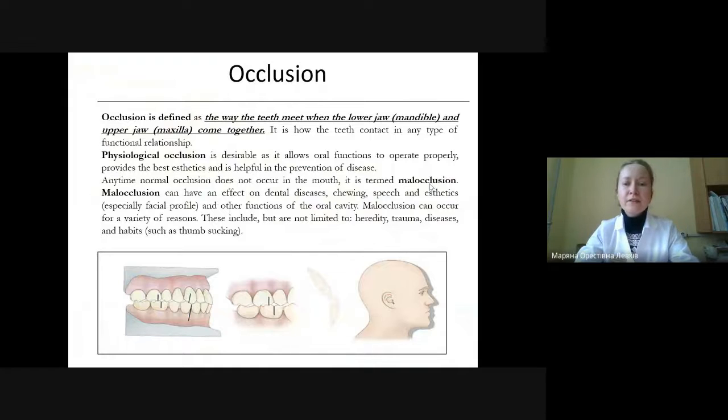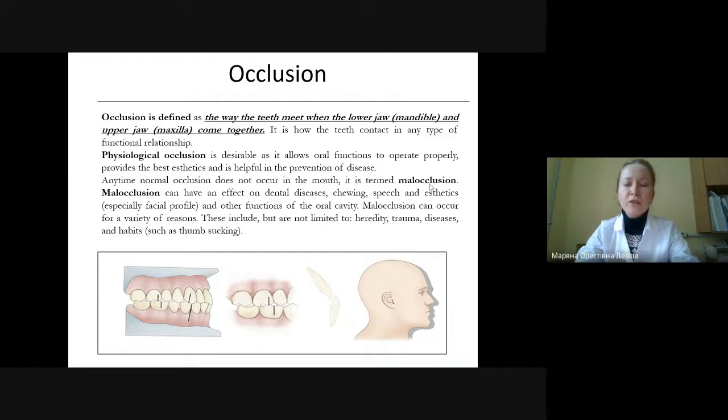Occlusion is defined as the way the teeth meet when the lower jaw mandible and the upper jaw maxilla come together. It is how the teeth contact in any type of functional relationship. Physiological occlusion is desirable as it allows oral functions to operate properly, provides the best aesthetics, and is helpful in the prevention of disease.